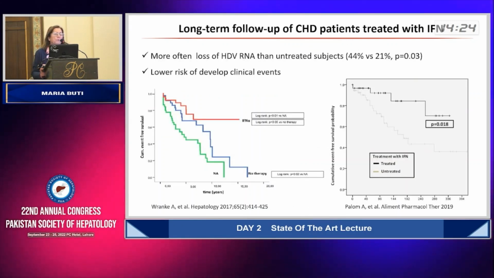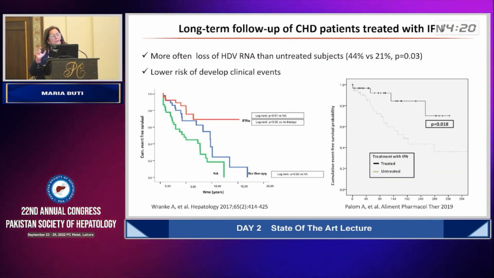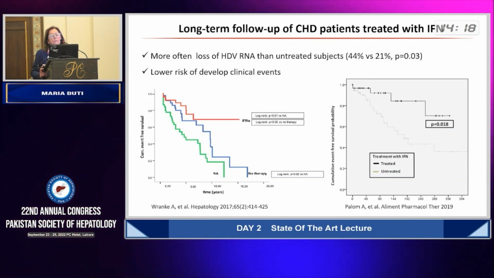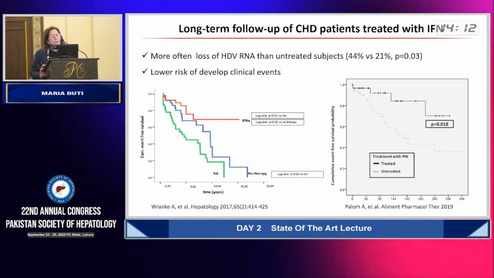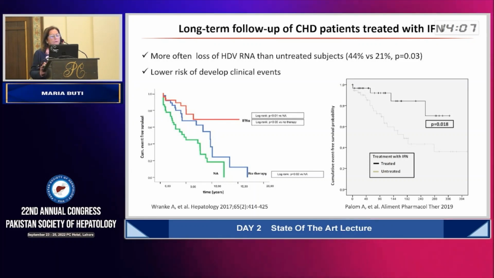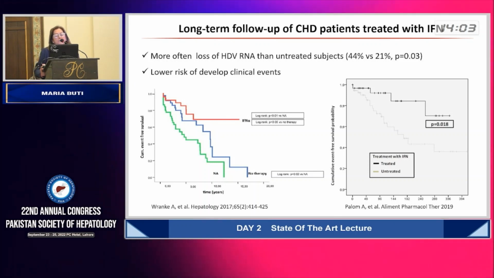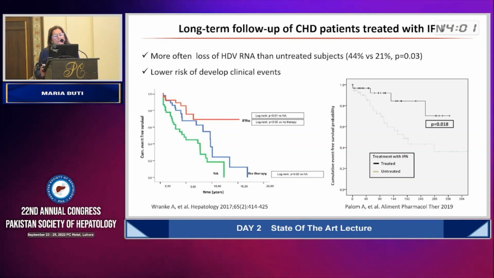What is good is that those patients, a small subset that achieve a sustained virological response, have a lower risk of developing clinical events and a lower risk of complications. And you can see in red patients treated with interferon.